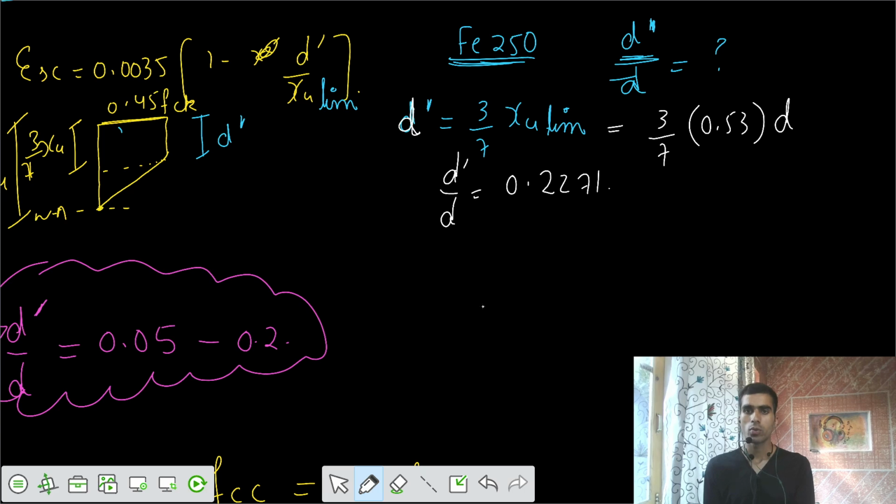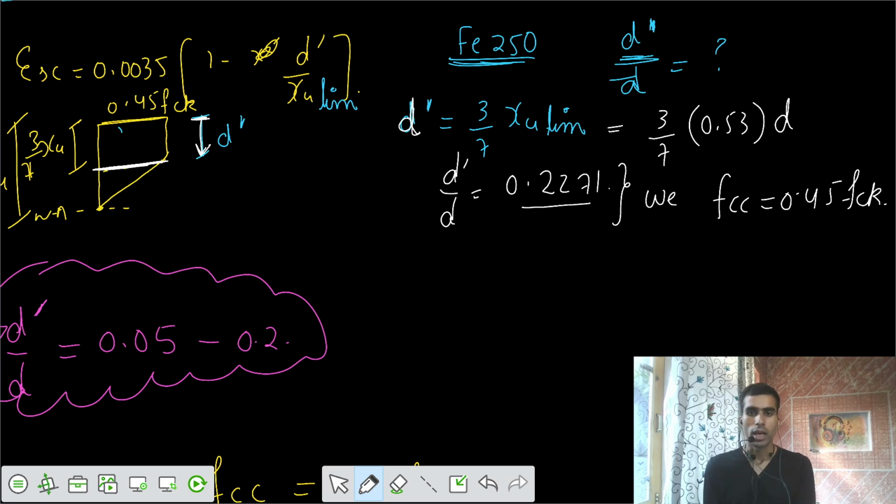Up to the ratio of 0.2271, we say that your stress in concrete would be 0.45 FCK. This is our general theme here. If d dash is going up to the level of 3 by 7 of XU limiting, the ratio equals 0.2271.